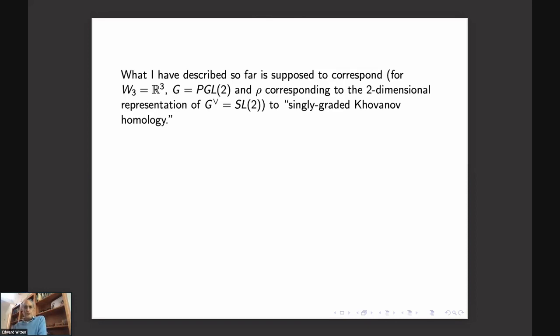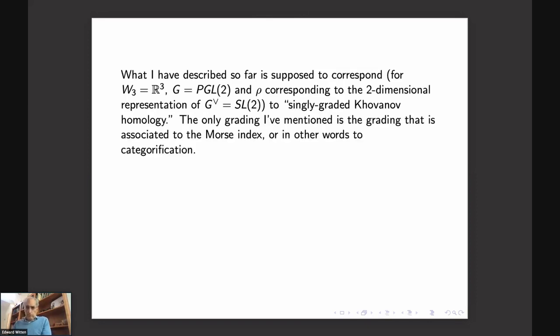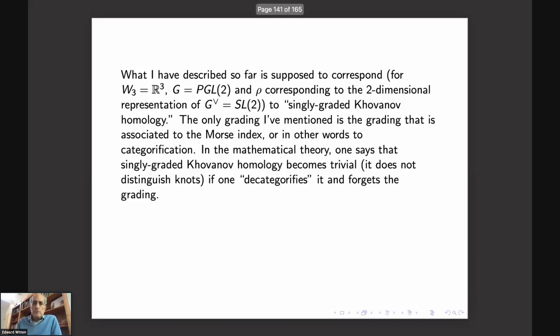So what I've described so far is supposed to correspond to singly graded Khovanov homology. The only grading I've mentioned is the grading that's associated to the Morse index, in other words, to categorification. In the mathematical theory, you would say that the singly graded theory becomes trivial.